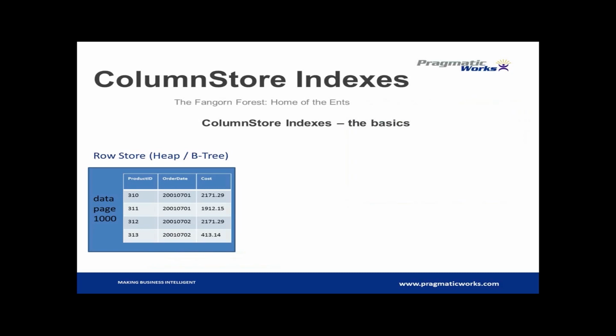Okay, ColumnStore indexes. Traditional indexes on tables are what's called row store indexes. Basically, when you define an index on a table, you define the columns that are present in that index, and SQL Server goes off and physically copies the data in those columns into that index.